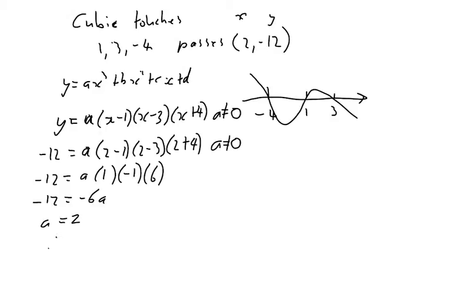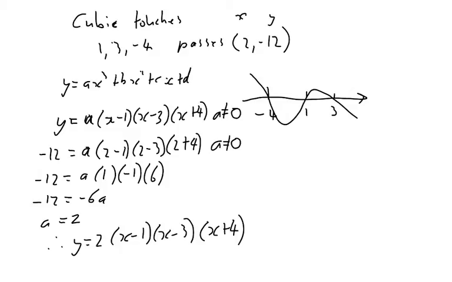So therefore, our cubic, remember that it's a cubic, is y equals 2(x - 1)(x - 3)(x + 4). And that is our cubic. Okay? And that's very similar to what we do with quadratics, but with cubics we have 3 roots, not 2. Right? Hence the x cubed.